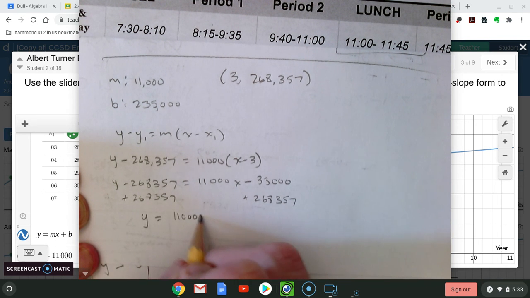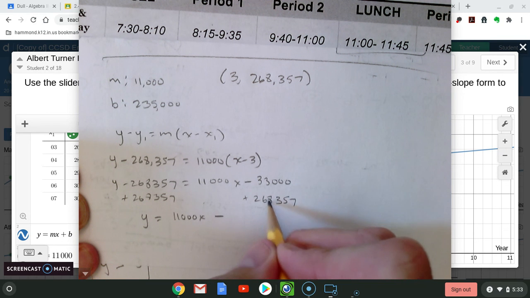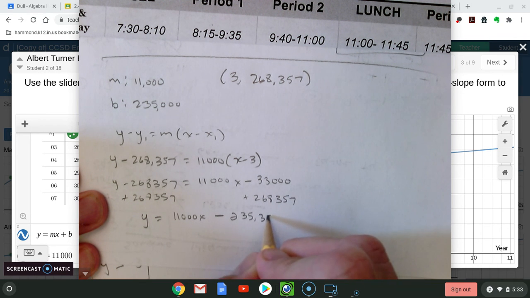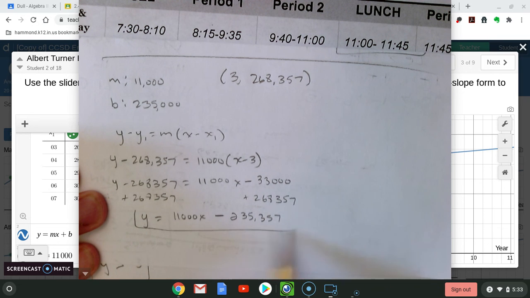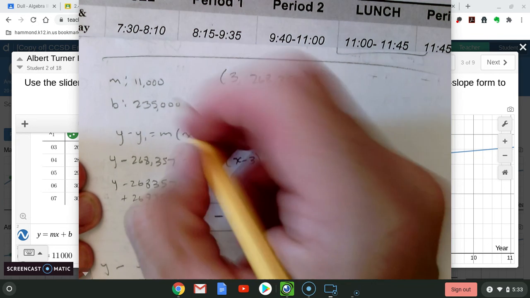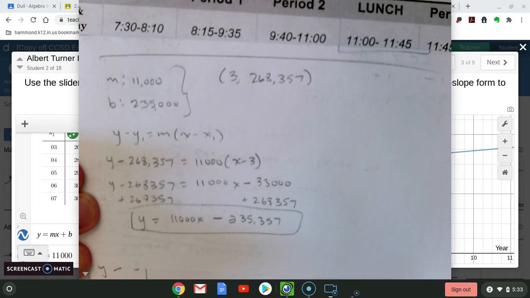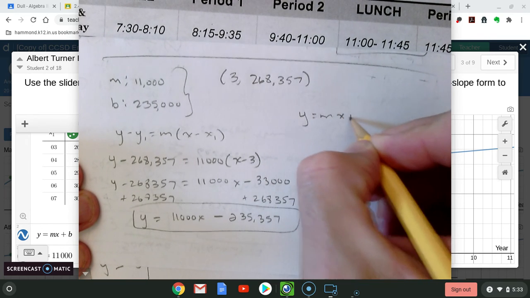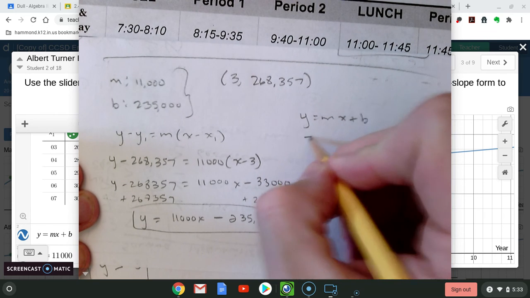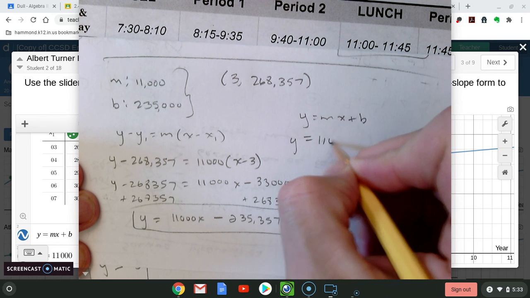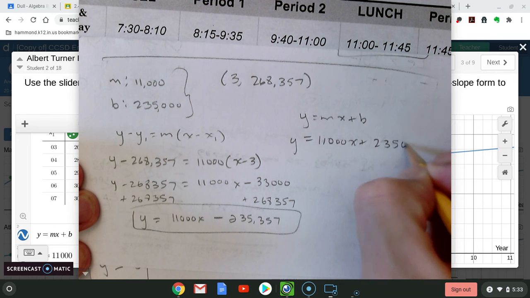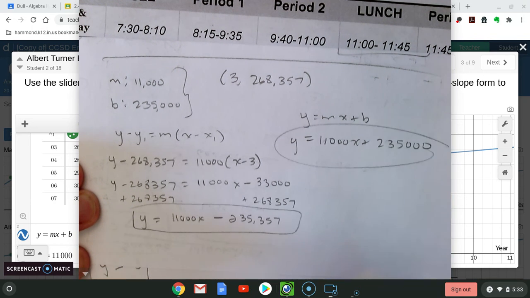Y equals 11,000x minus 33,000 plus 268,357, which is 235,357. Let's say you just took these two figures and you wanted to write a slope-intercept form. So 11,000x plus 235,000. Those two are pretty close.